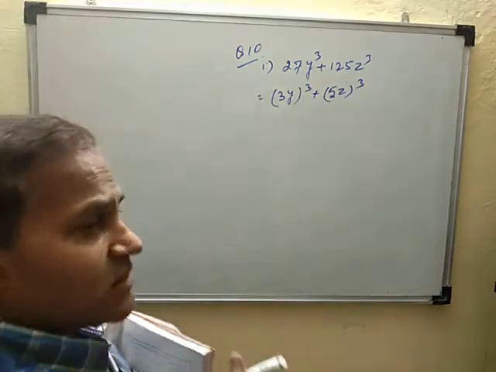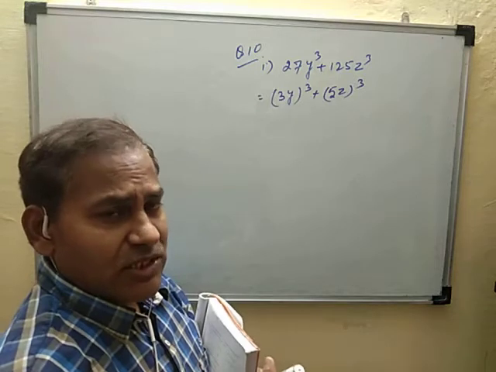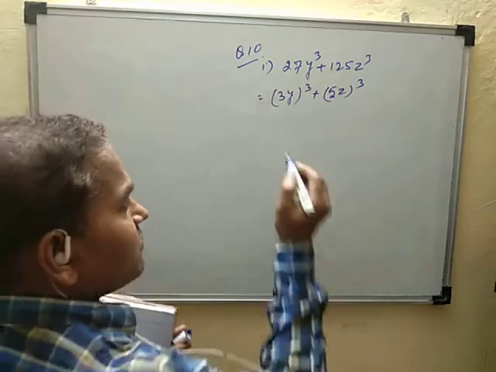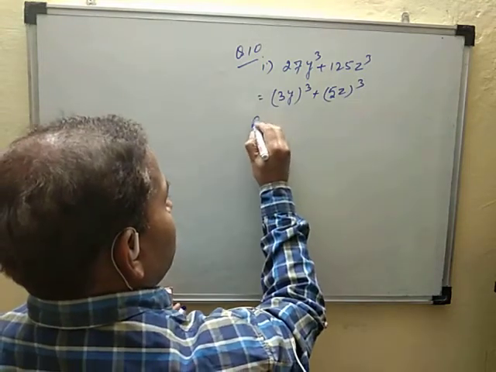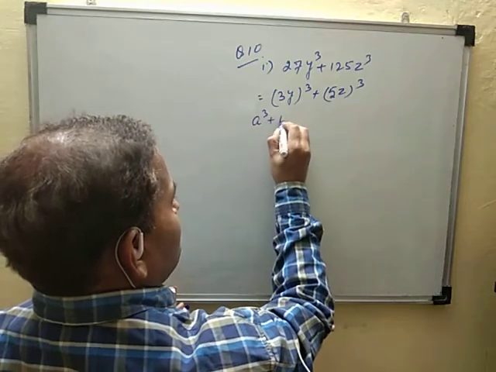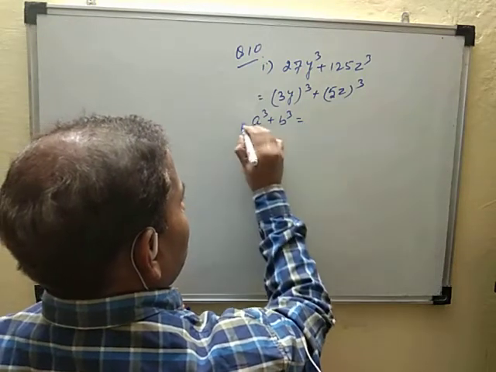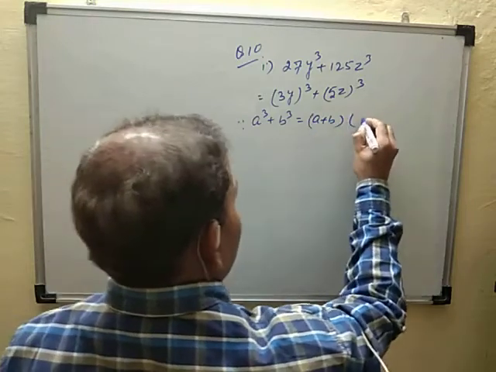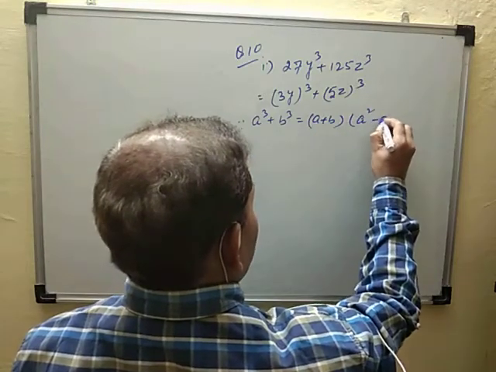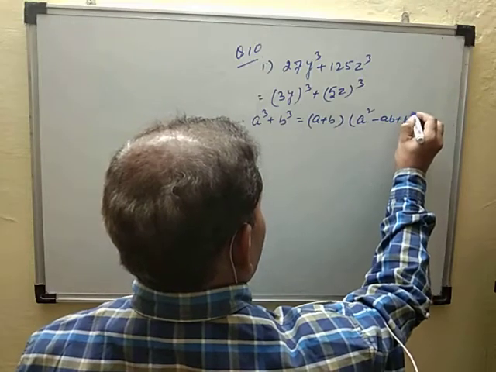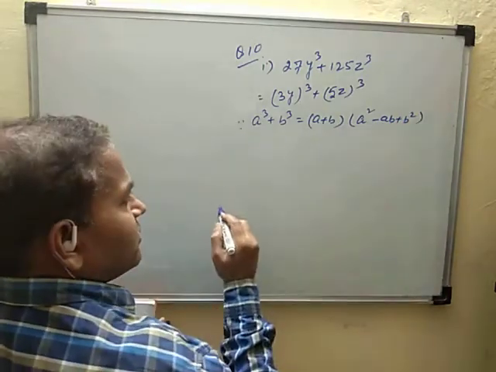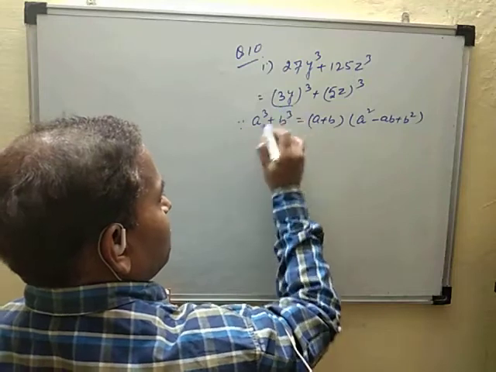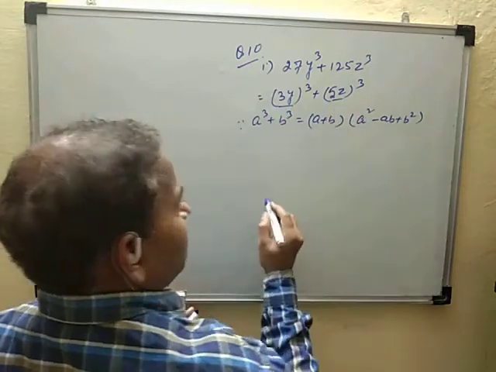Then use the identity a cube plus b cube. What is the identity? a cube plus b cube is equal to (a plus b) into (a square minus ab plus b square). This is the identity. So here a is equal to 3y and b is equal to 5z.